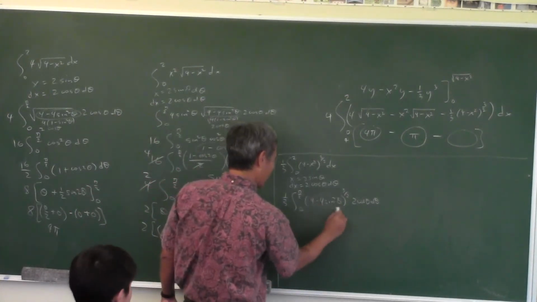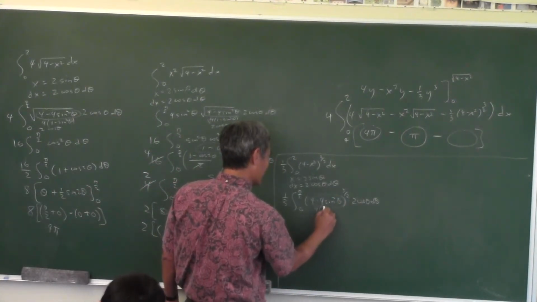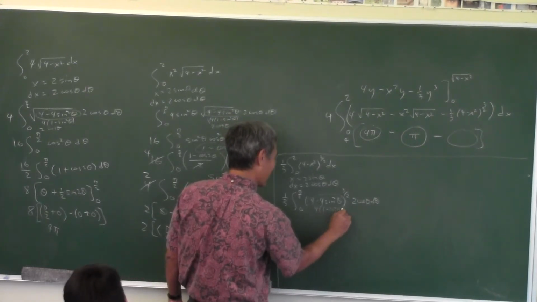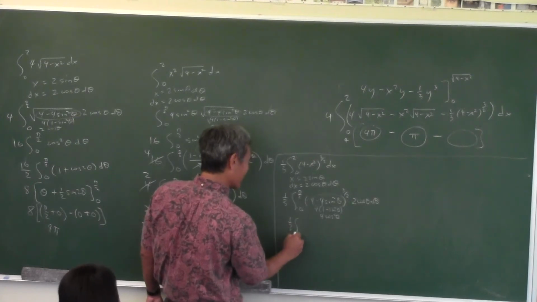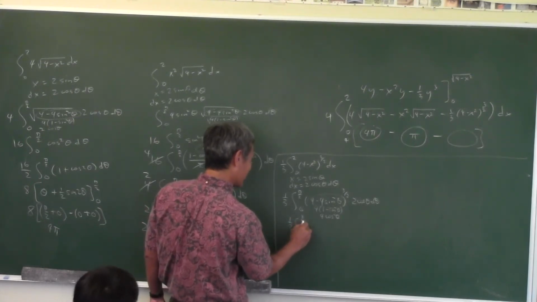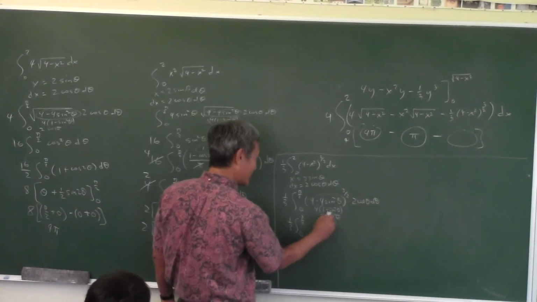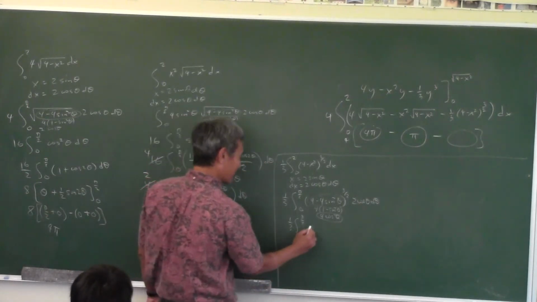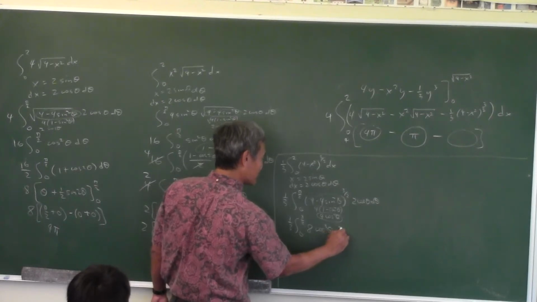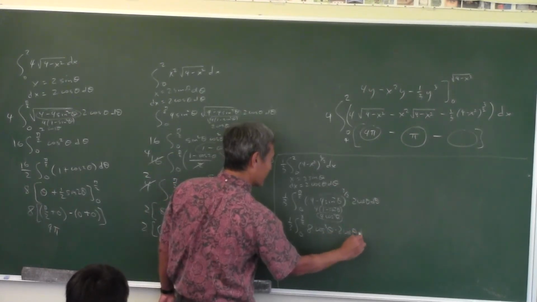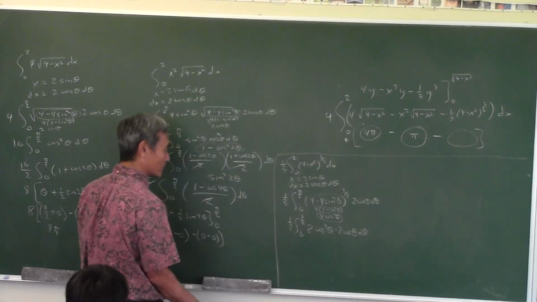Again, this is 4 times 1 minus sine squared theta, which is 4 cosine squared theta. So what happens when you raise it to the 3/2 power? You get 8 cosine cubed times 2 cosine. I thought we were going to end up at an odd power, but we don't.